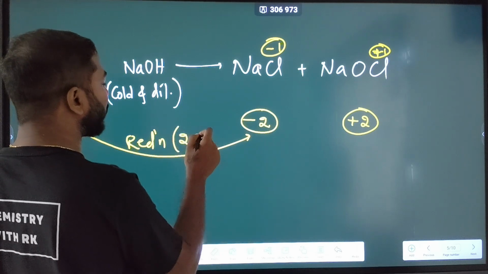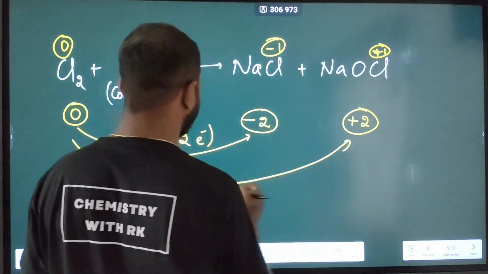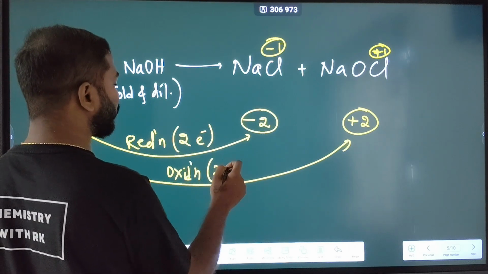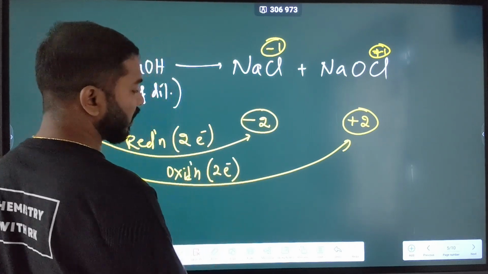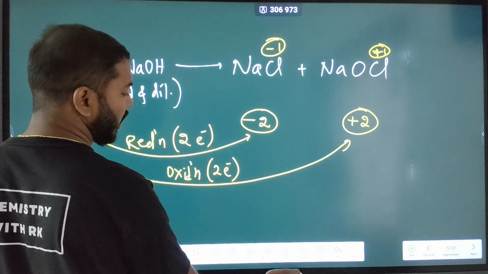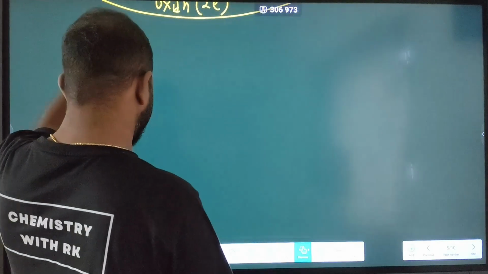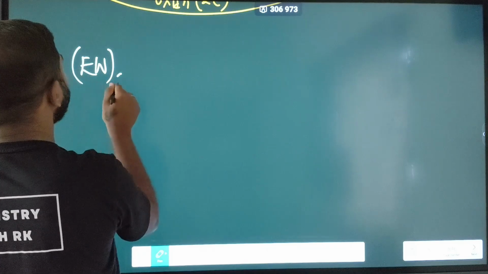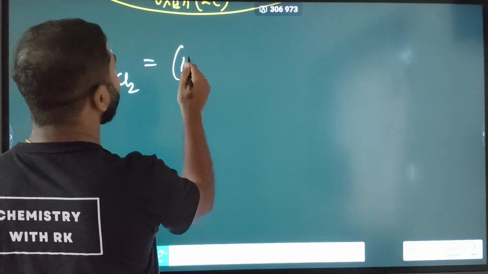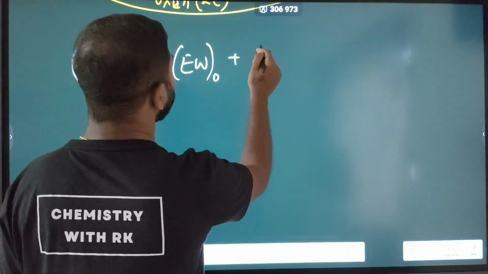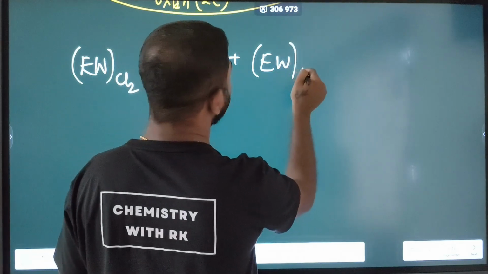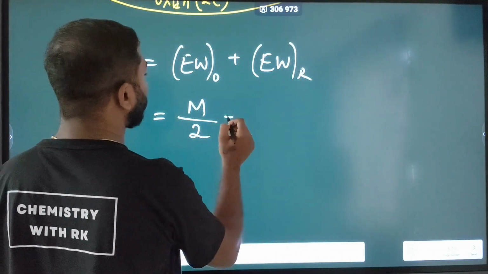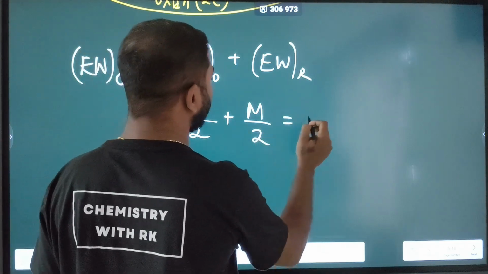Actually, how many electrons are involved? 2 electrons. This is oxidation, right? And in oxidation also we can see 2 electrons are involved. Now if we take the overall equivalent weight, the equivalent weight of Cl2 is the equivalent weight of the oxidation reaction plus the equivalent weight of the reduction reaction, where we take m by 2 plus m by 2.